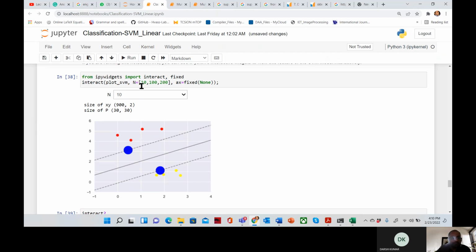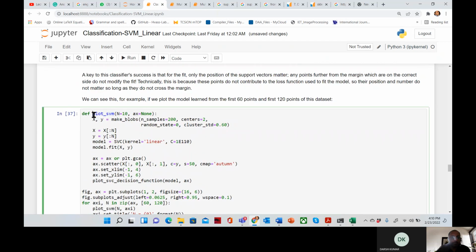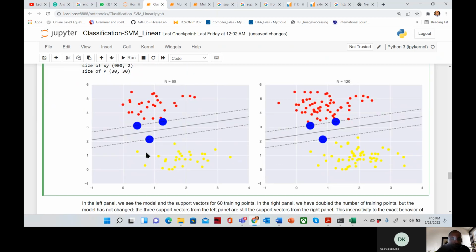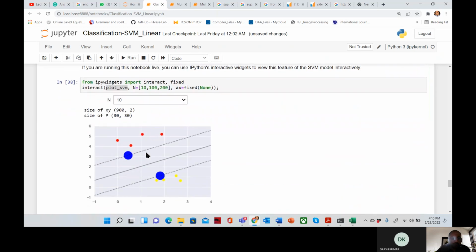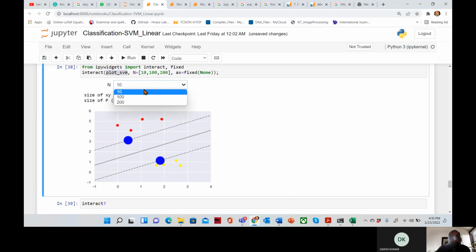Since I'm using the same function plot SVM as earlier, in this plot function we need the value of n, otherwise by default it is 10. It will display the result of the plot SVM function with a value taken from this list.